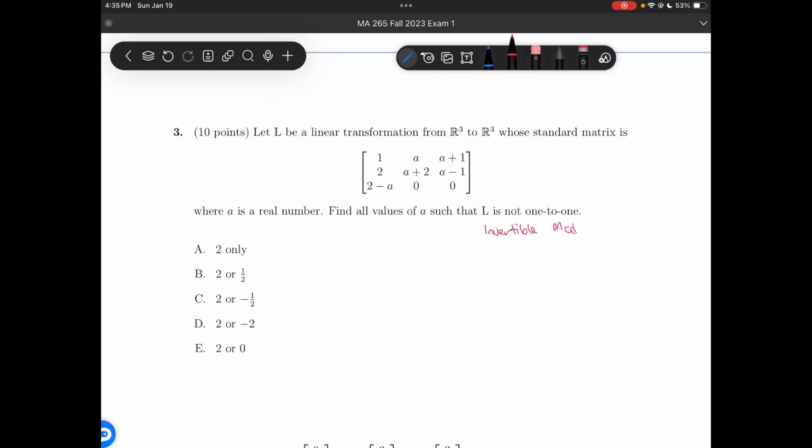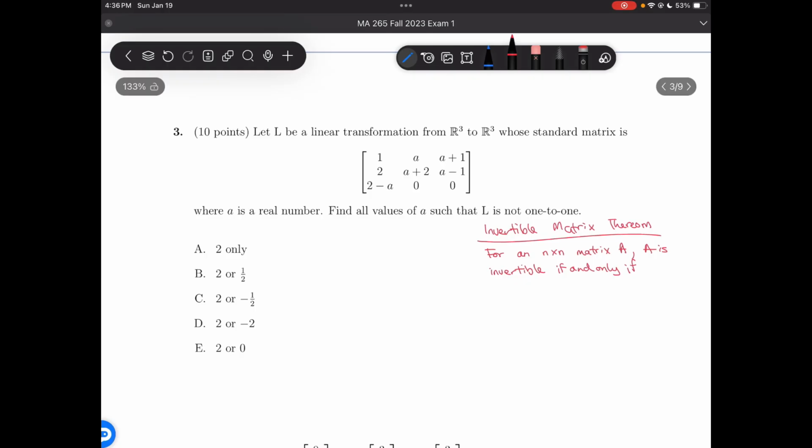So the invertible matrix theorem consists of a lot of different statements that state that an n by n matrix A is invertible, meaning that we can find an inverse, if and only if, and there's a bunch of different statements.